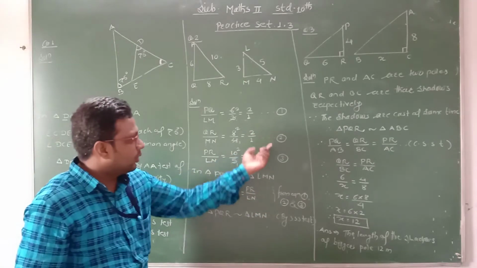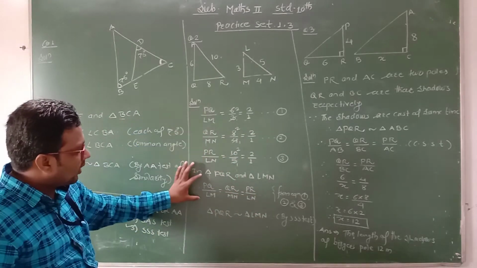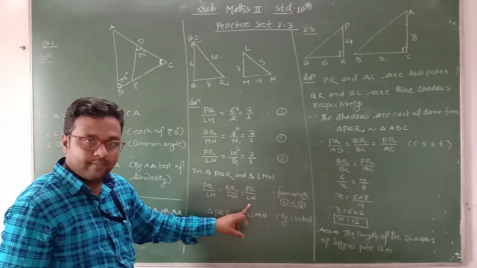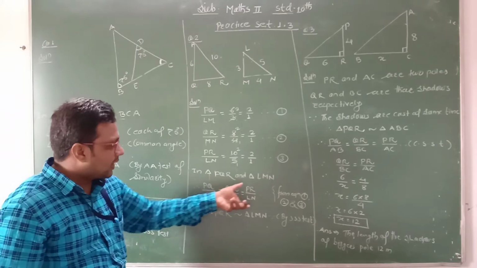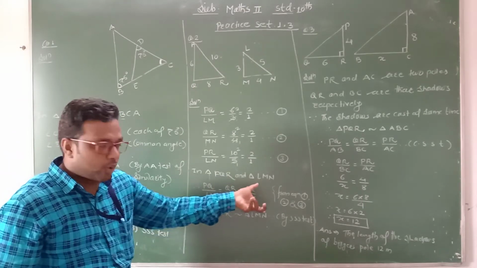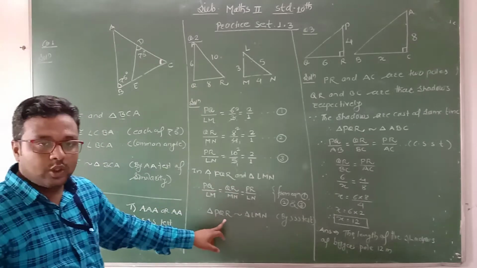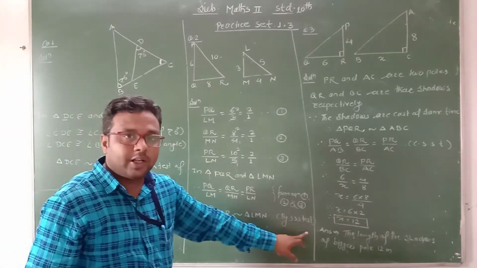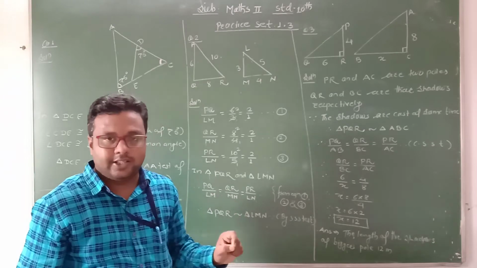From equations 1 to 3 we write PQ upon LM is equal to QR upon MN is equal to PR upon LN. All ratios are equal. This means they are in proportion. Therefore triangle PQR is similar to triangle LMN by which test of similarity? That is the side test.